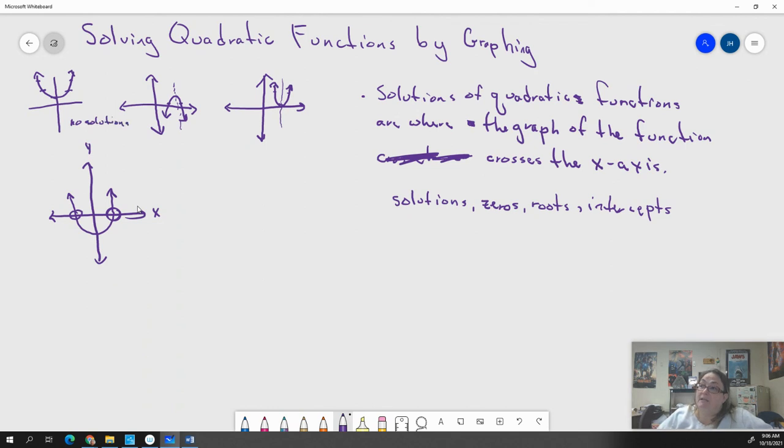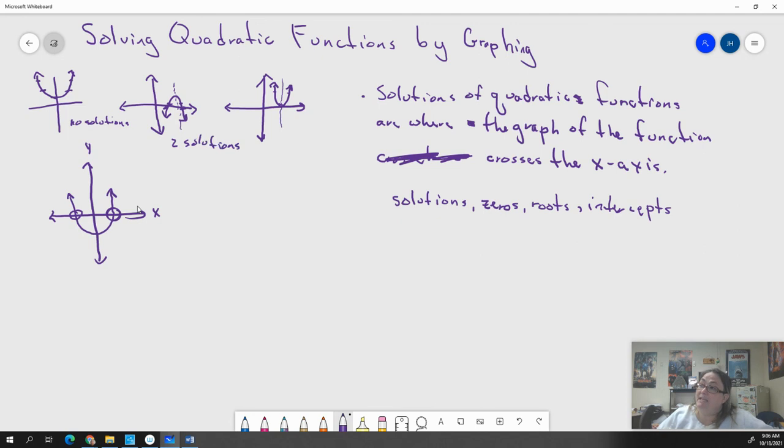If we're looking at this parabola right here, it never ever crosses that x-axis. We'll get into that later because that brings us into the imaginary numbers. But all we need to know about that for now is that if it never crosses this x-axis, there's no solution. Here I have two. It crosses right here and right here. Two solutions.